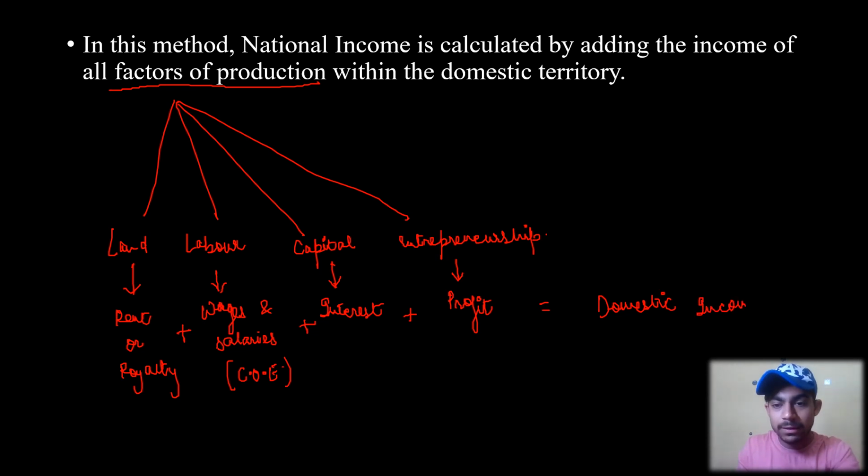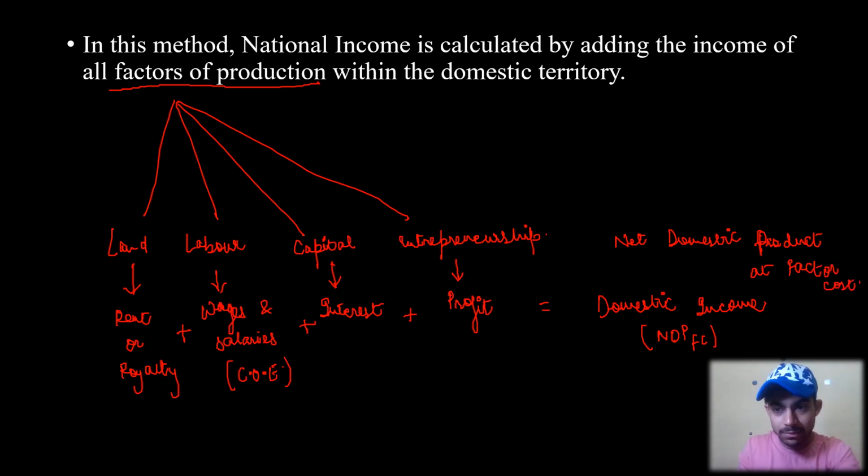And this domestic income is basically NDPFC, that is net domestic product at factor cost.